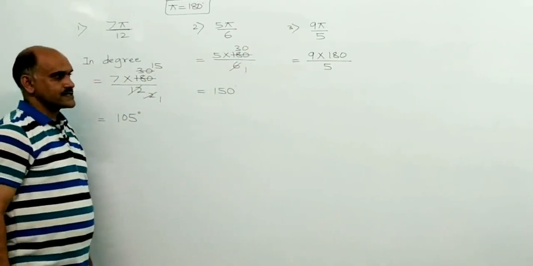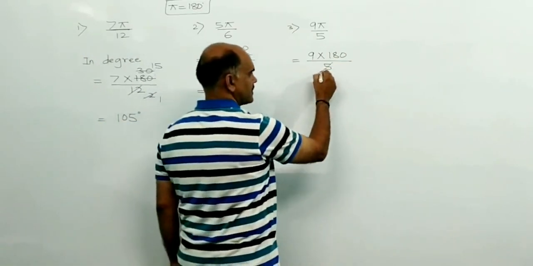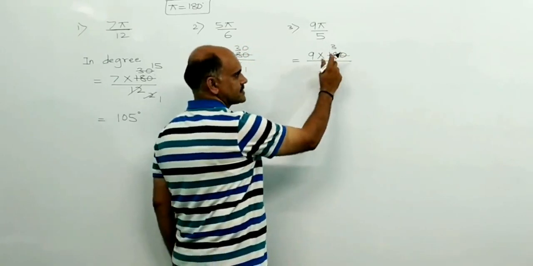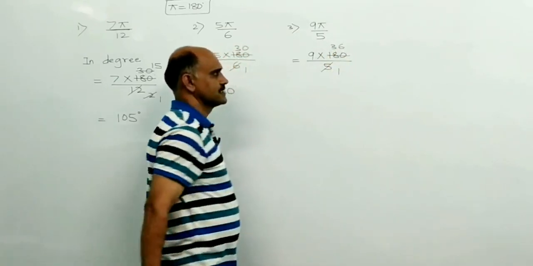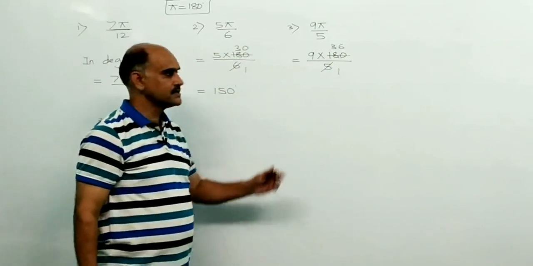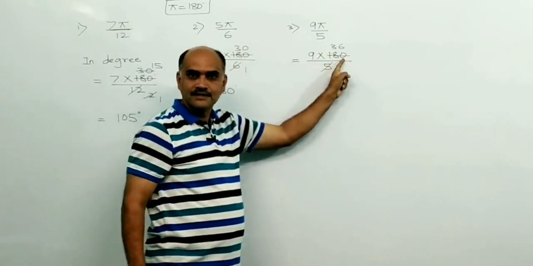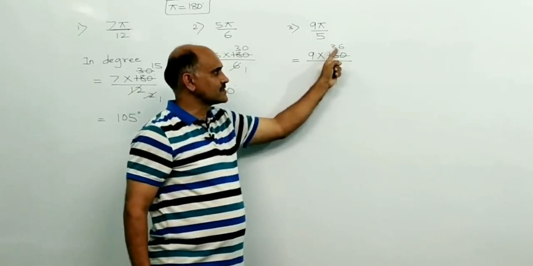Now again you cancel: 5 3s are 15, 3 remains, 30, 5 6s are 30, so 36.